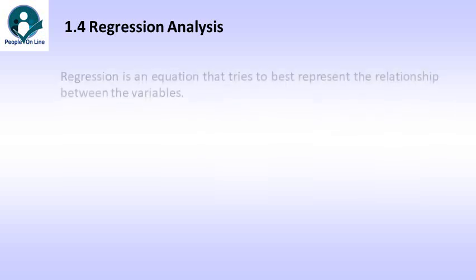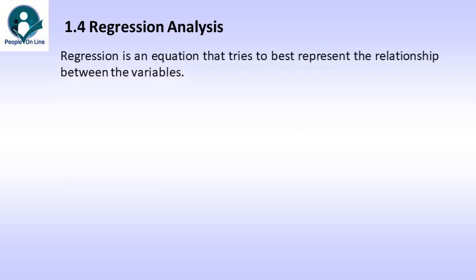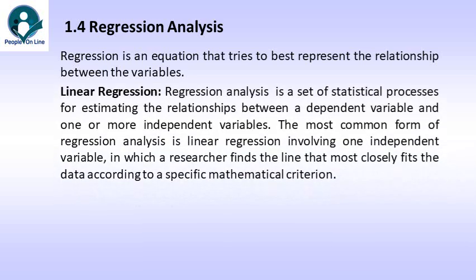Regression analysis. Regression is an equation that tries to best represent the relationship between variables. Linear regression. Regression analysis is a set of statistical processes for estimating the relationships between a dependent variable and one or more independent variables.